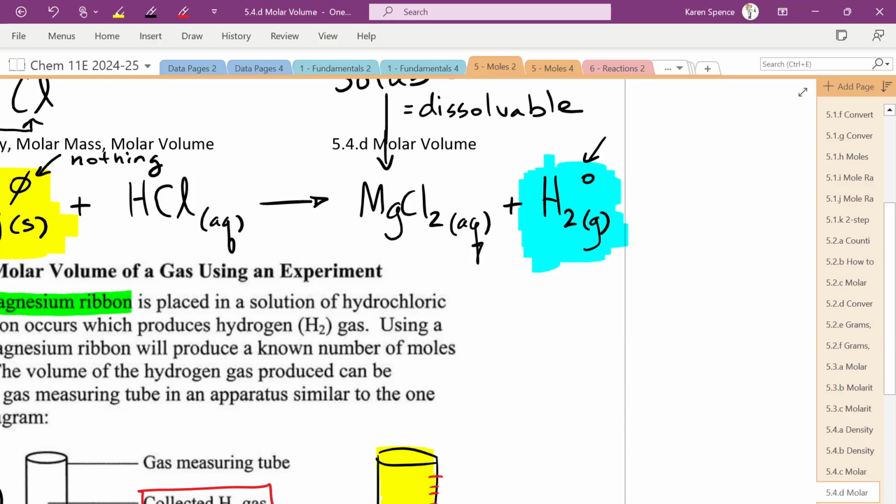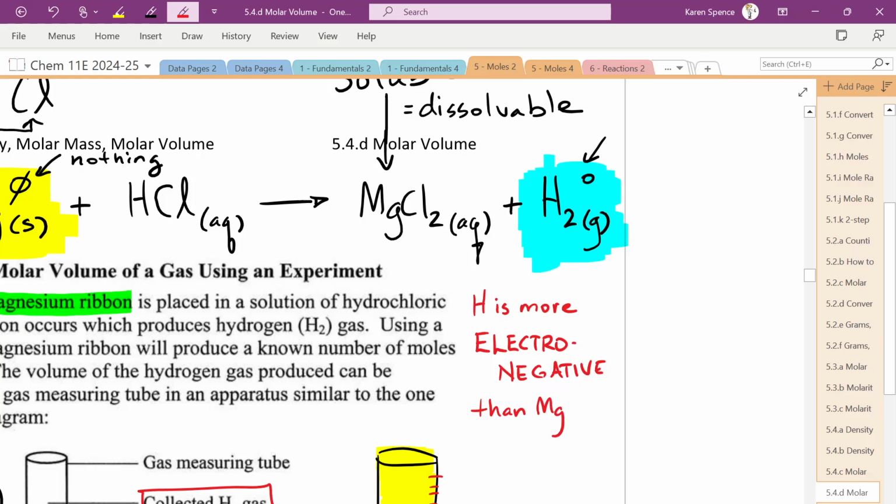And what it comes down to is that hydrogen is more electronegative than magnesium. Remind your partner what electronegative means.